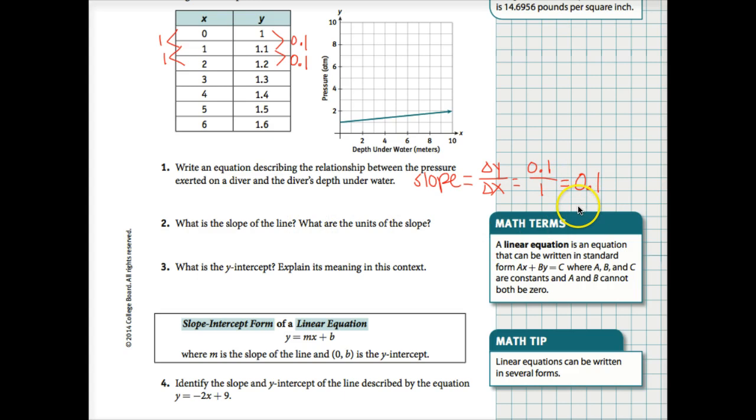So I know from what we've studied in activity 11 that anytime I write a linear equation, the slope becomes the coefficient of my x. So I know for sure that I'm going to be writing something that's y equals 0.1x, and then I know I'm either going to have a plus or a minus something right here.